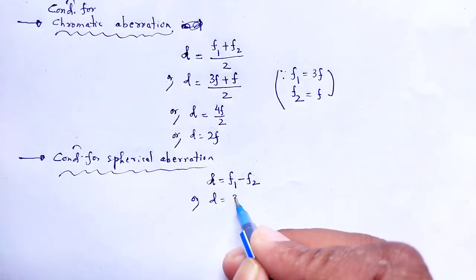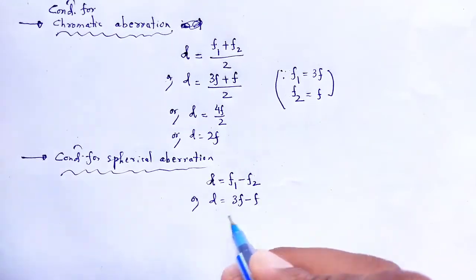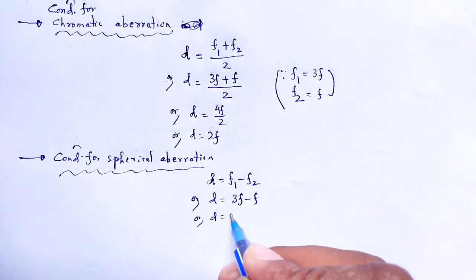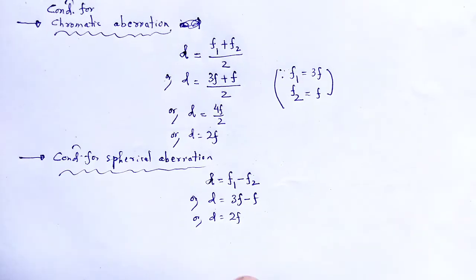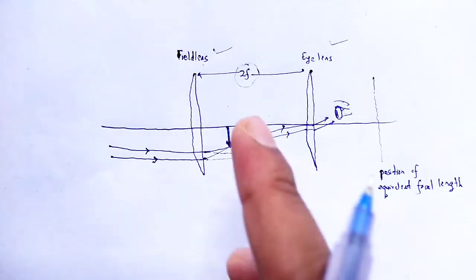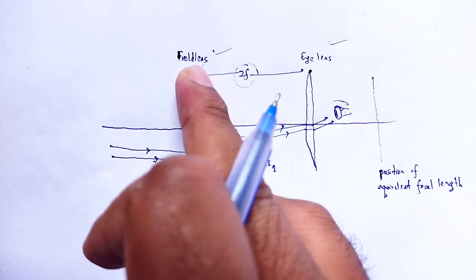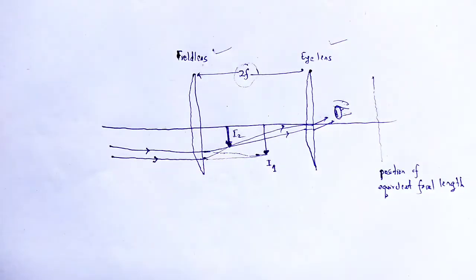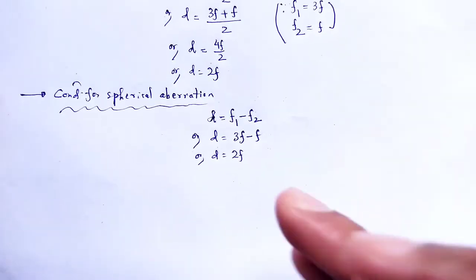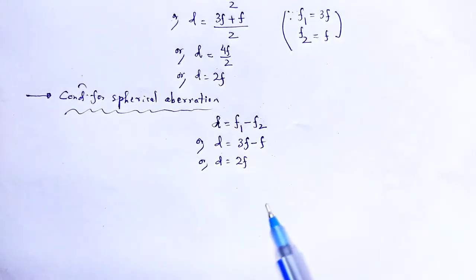Here f1 is equal to 3f and f2 is equal to f, therefore d is equal to 2f. Again, as the distance between the field lens and eye lens is 2f, it avoids spherical aberration.